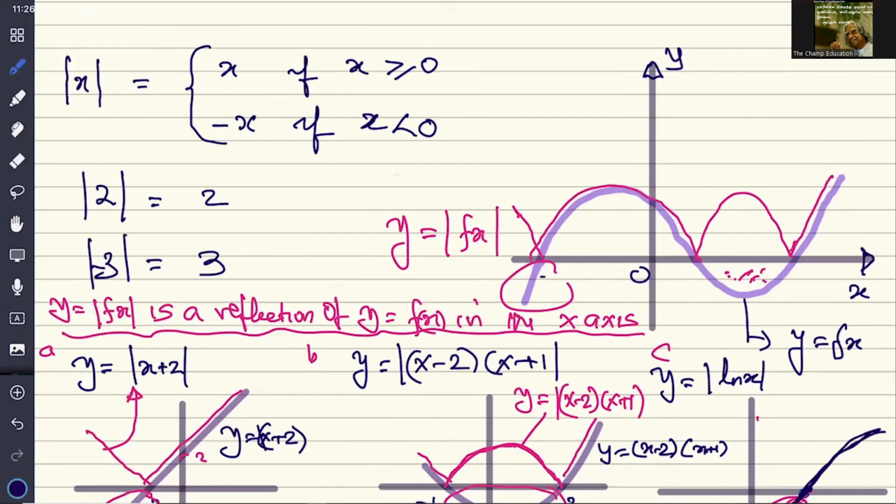Therefore, the new one will be equal to this part. So that part will come like this. Then it goes like this. So this is y equal to modulus of ln x. So these are the three graphs. Then I'm going to do another question.